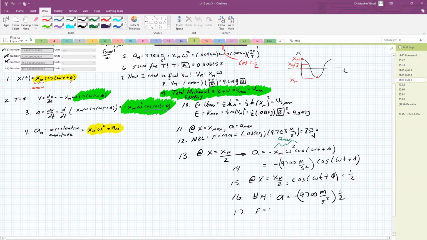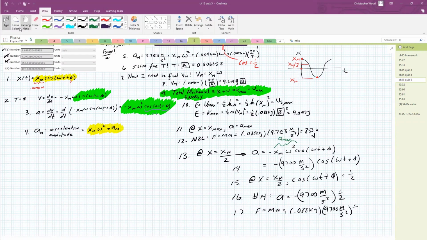F equals MA means F equals the mass, 0.088 kilograms, times this 9,700 meters per second squared times 1/2. And this is why you can simply calculate the force at this halfway point as the same as the max force divided by 2.